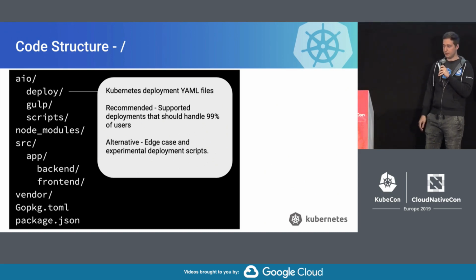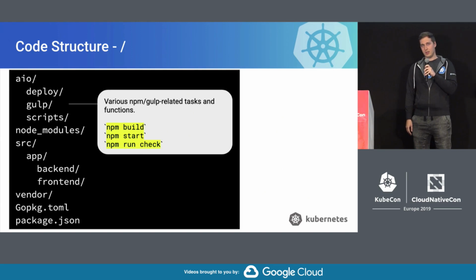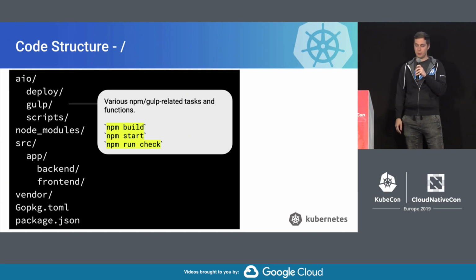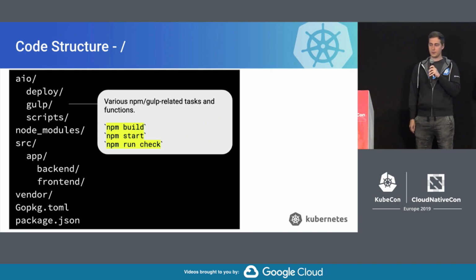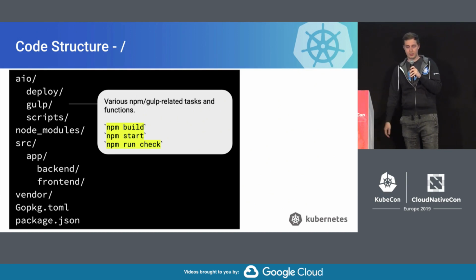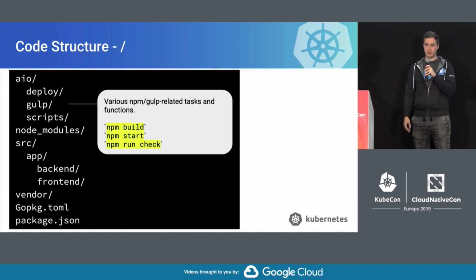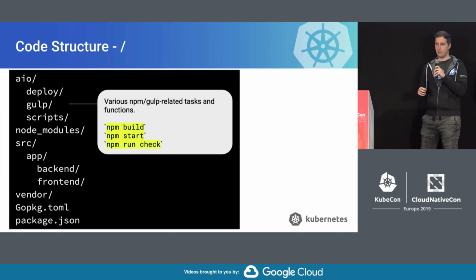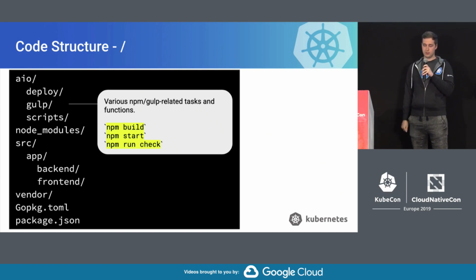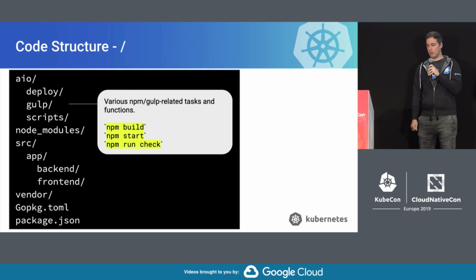Then we have the Gulp directory. This is a legacy directory because in the first version of the dashboard we were using Gulp pretty heavily, and we didn't migrate all the stuff that was in Gulp yet. An example is building our backend, but we will do that eventually.